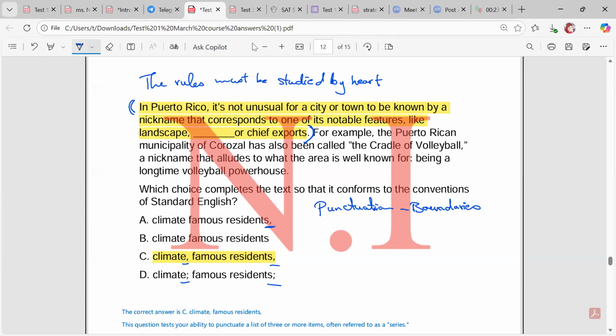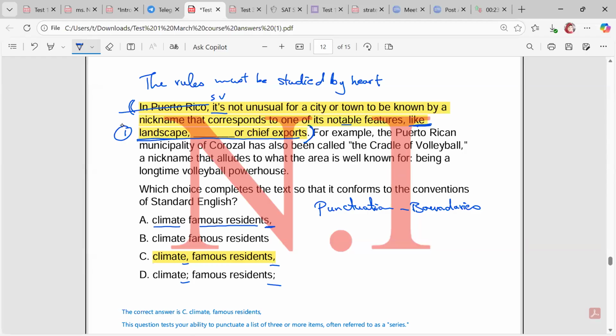You must stick to this tip. In Puerto Rico, and this is an introductory part, I don't care about it. It is a subject and a verb: not usual for a city or town to be known by a nickname that corresponds to one of its notable features. Complete thought. So this part is extra: of its notable features, like landscape, climate, famous residence.